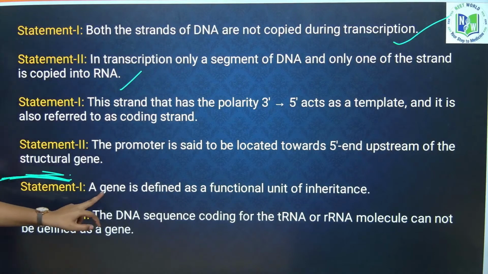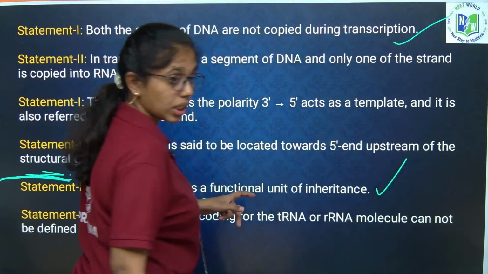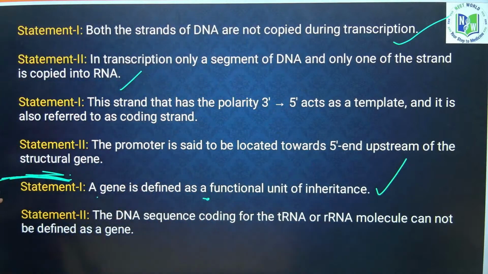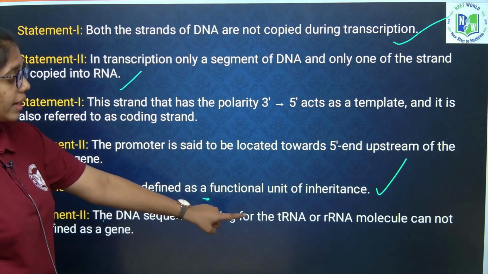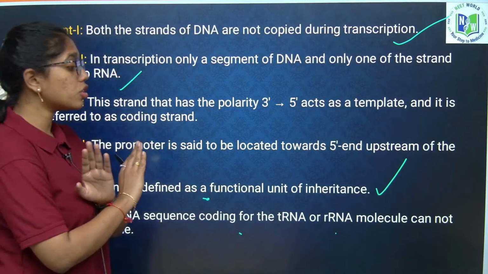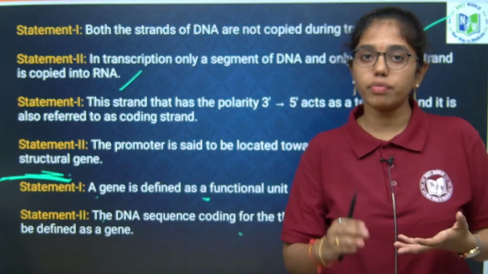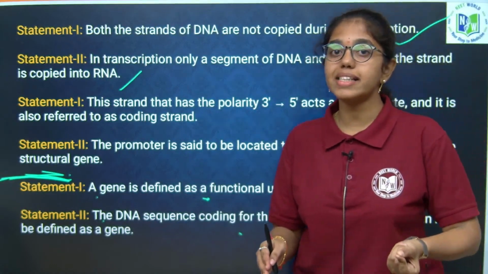A gene is defined as the functional unit of inheritance. Correct. The statement that the DNA sequence coding for tRNA and rRNA molecules cannot be defined as a gene is wrong. A gene is nothing but any expressed part of the DNA, or any functional segment of the DNA.